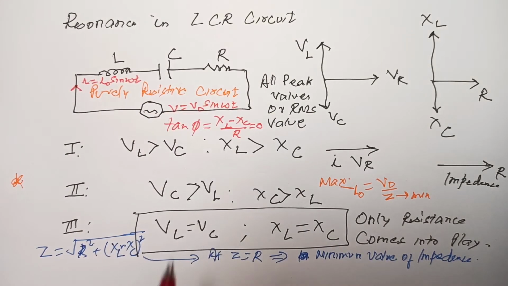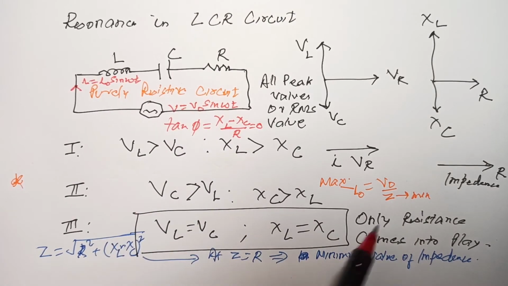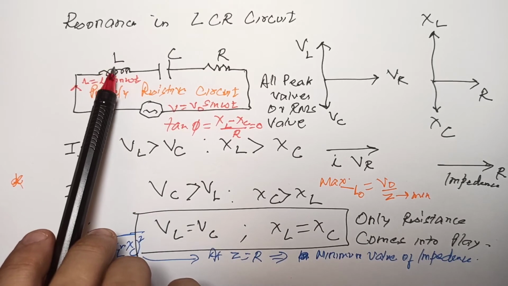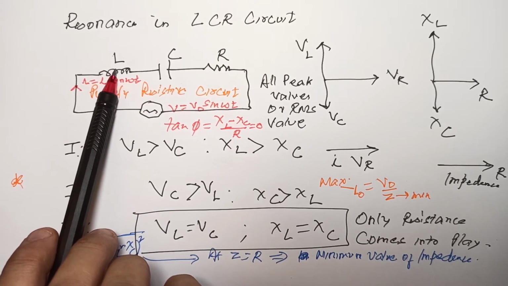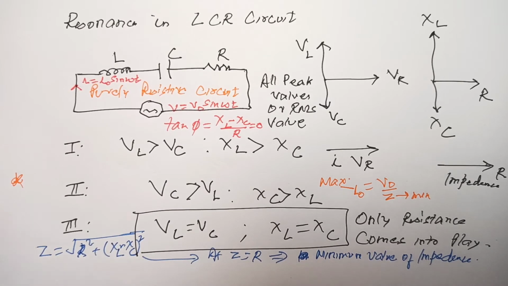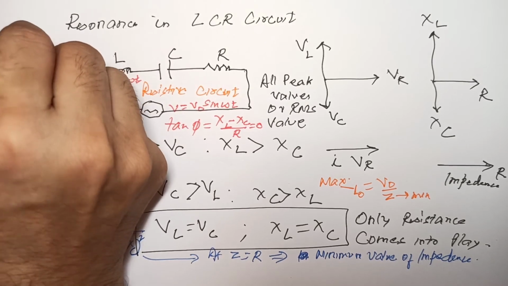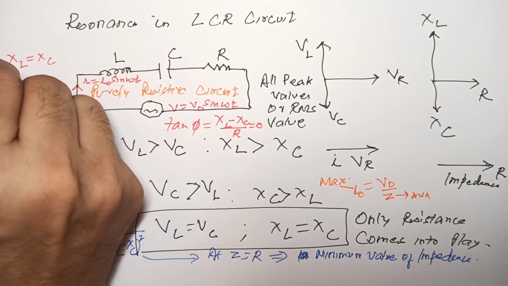Why? Because it behaves as a pure resistive circuit, so there is no effect because of inductance and capacitance.